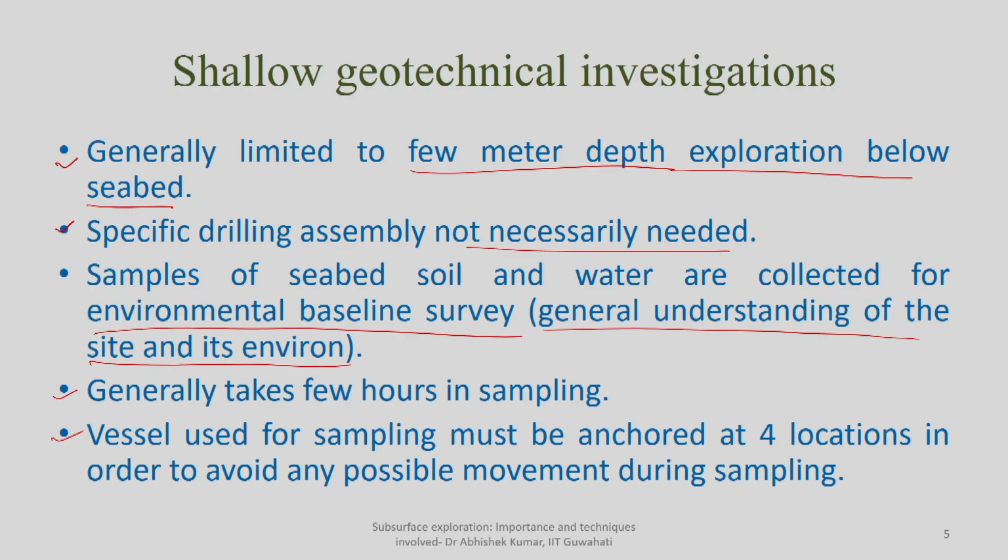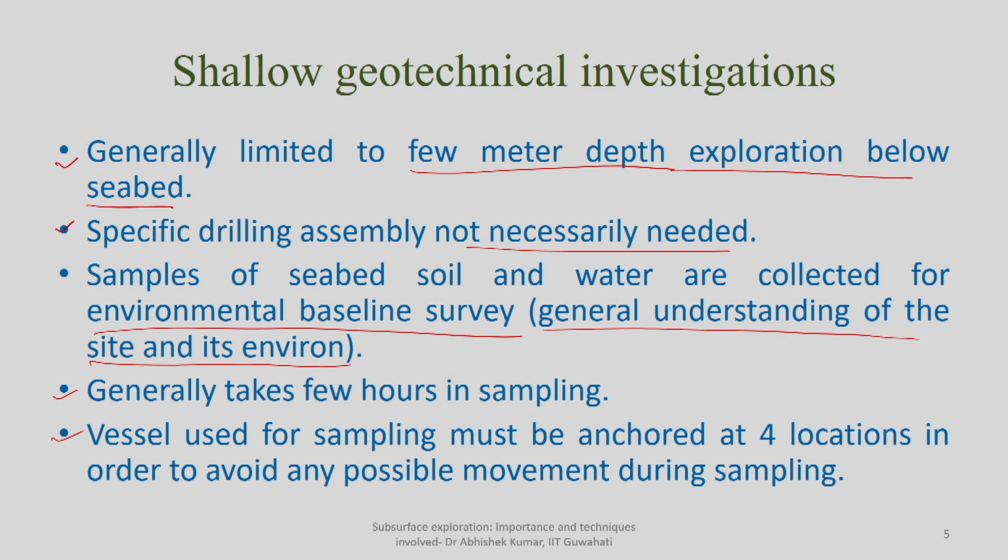You may have collected a sample from somewhere, but by the time you bring it to the surface, if the vessel has moved, you will end up assigning the soil properties to some other depth or some other location. That is why anchoring during sampling is very much required.